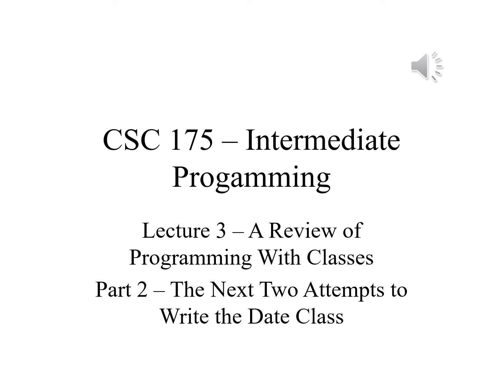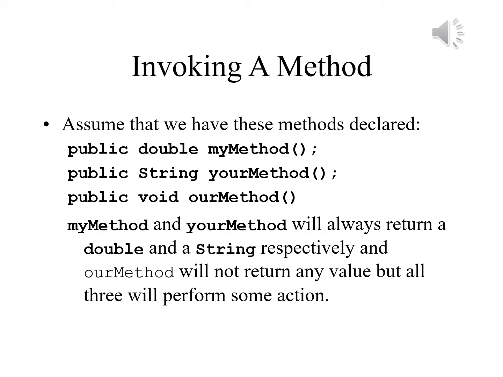In Part 2 of Lecture 3, we will look at the next two attempts to write the date class. Let's assume for the moment that we have these methods declared.